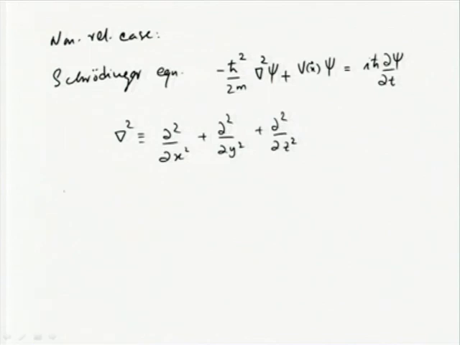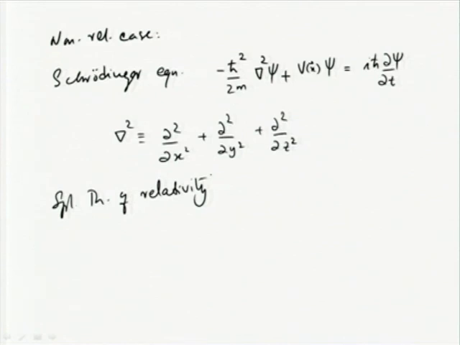But in special theory of relativity, we say that we cannot actually have much distinction between x and t, or the spatial coordinates and the time coordinate.